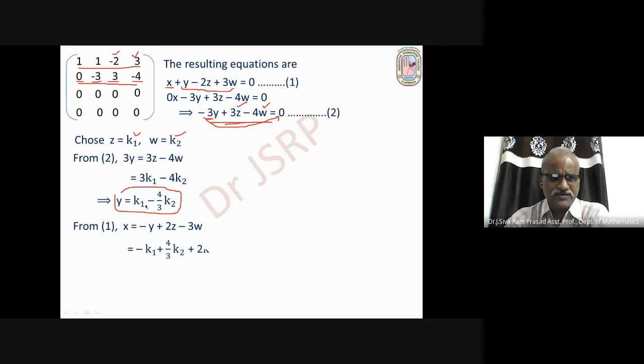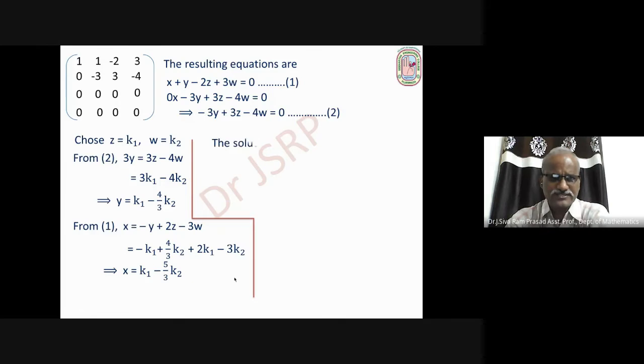So minus k1 plus 4 by 3 k2, plus 2z, that is 2k1, minus 3w, minus 3k2. So 2k1 minus k1 is k1. Then simplify 4 by 3 k2 minus 3 k2. Take LCM, 3 3s are 9. So 4 minus 9 is minus 5 by 3 k2. So this is the x value.